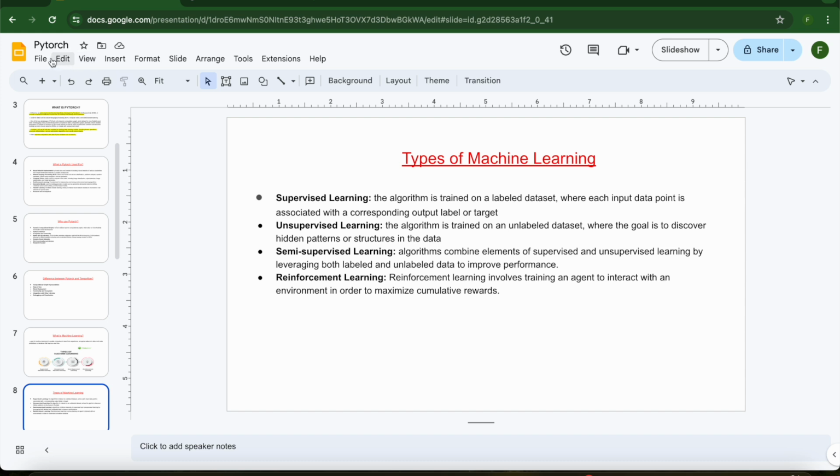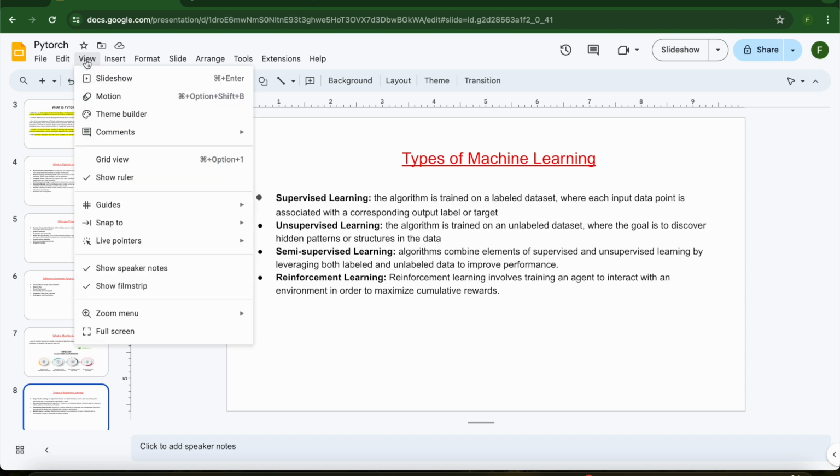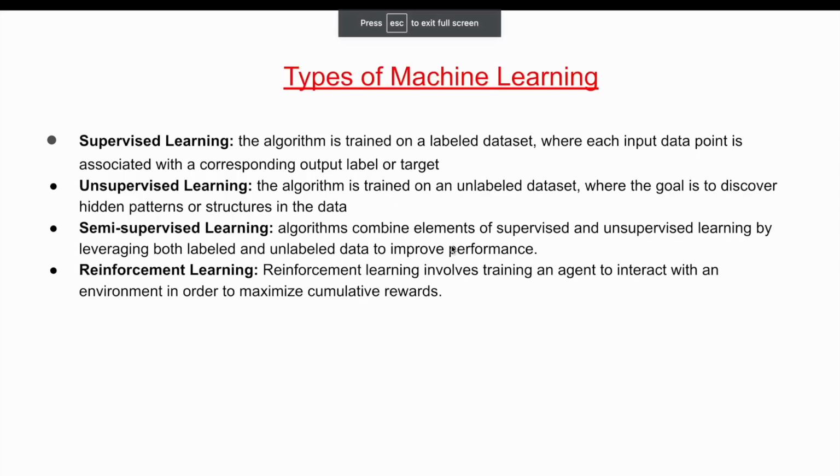And I think we're there. We're talking about reinforcement learning. I'll just view the slideshow. Training an agent to interact with an environment in order to maximize cumulative rewards. Reinforcement learning is commonly used in tasks like game playing, robotics, and optimization problems.